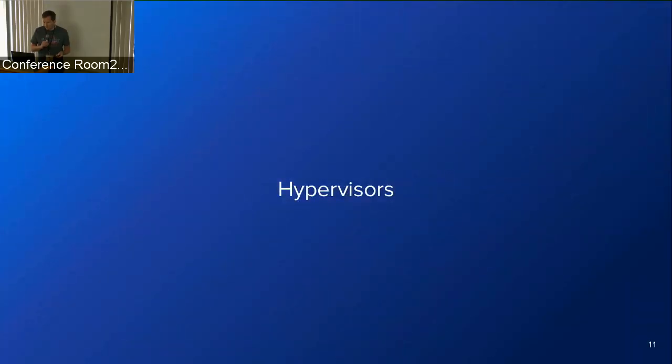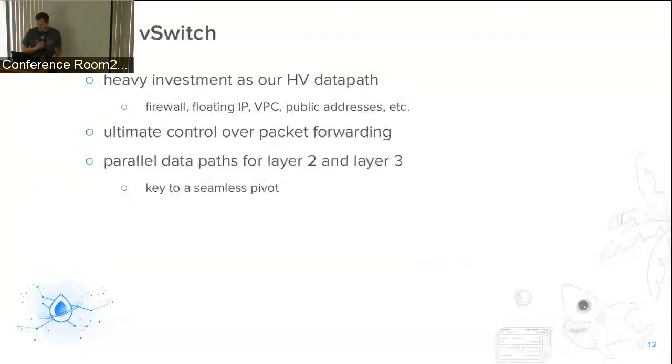Now let's talk about what's in the hypervisor. This is where OvS comes into the picture. There was a talk yesterday that explained how we do our data path, so I won't go into that again, but we have a heavy investment in OvS as our hypervisor data path. We put firewall, floating IP, VPC, handling public addresses, everything in there in OvS.